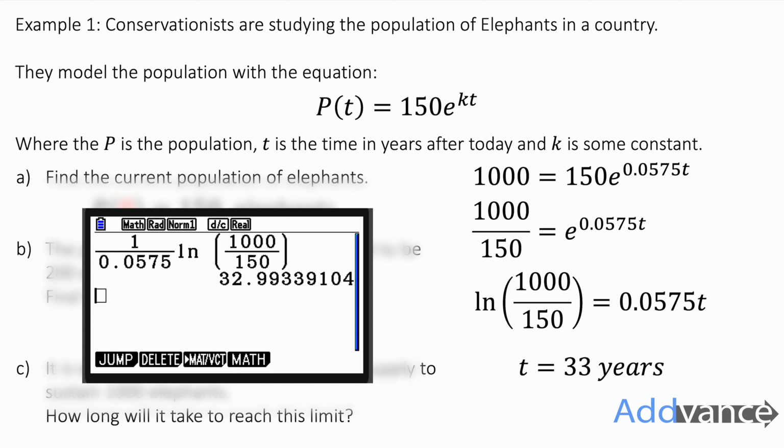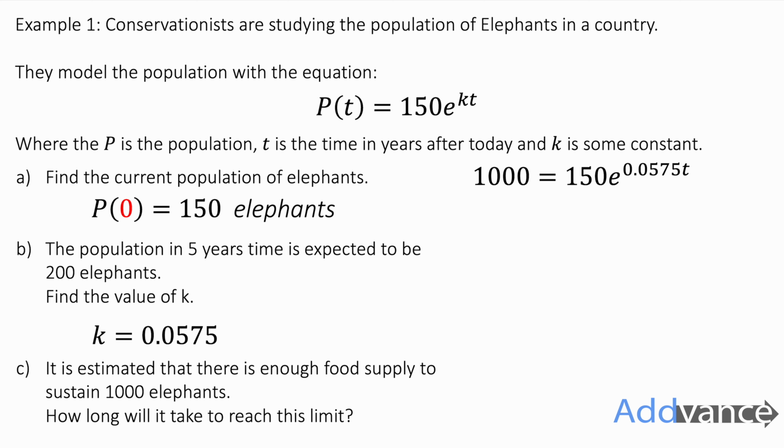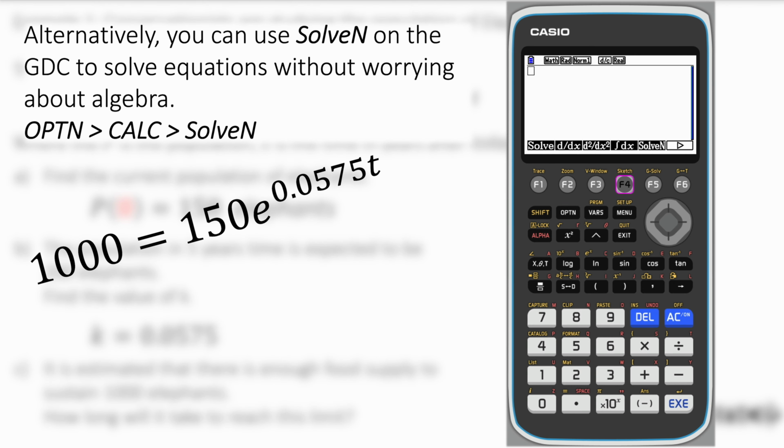Alternatively, as I said before, you could use solve_n. And so if you wanted to solve this just using the GDC, we'll take the equation, and we're going to go to option, calc, and then solve_n, and then type in the equation. 1,000 equals 150 e to the power 0.0575 times x. We just, instead of writing t, we'll write x.